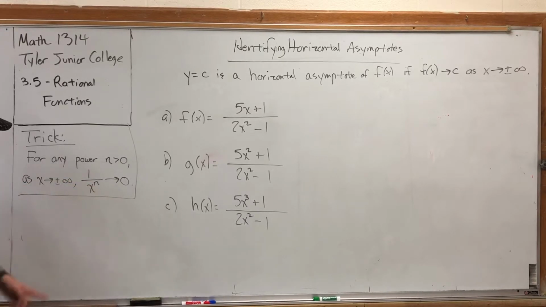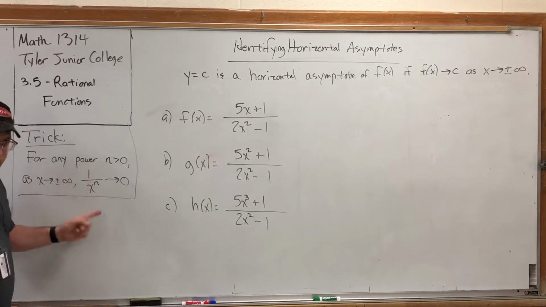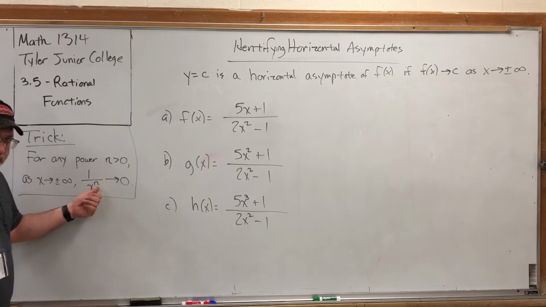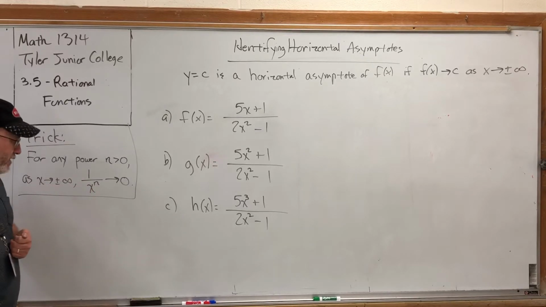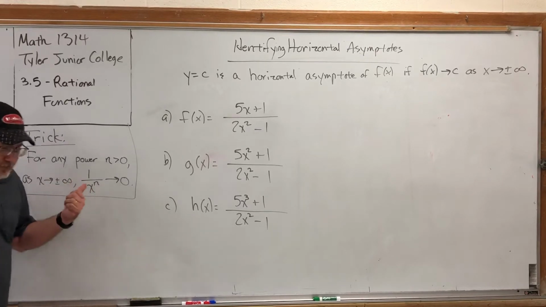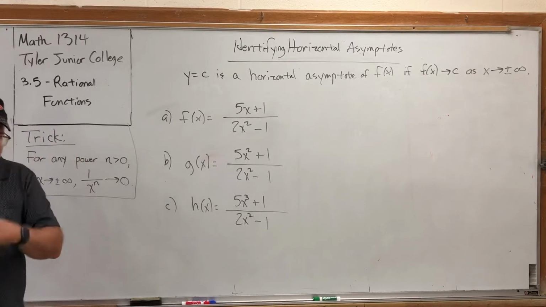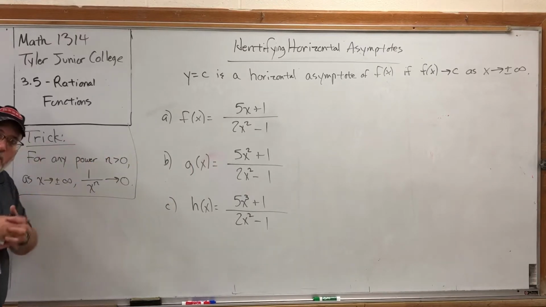If you have any power and start putting in progressively larger values of x, this denominator will keep getting larger and larger and larger. How fast it increases depends upon the size of the power. But regardless, the denominator of this fraction will continue to grow as x gets closer to infinity or negative infinity. But in a fraction, if the numerator is static, in this case it stays 1, and the denominator is getting larger, then your fraction is collapsing and getting smaller.